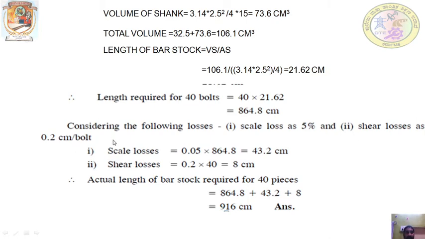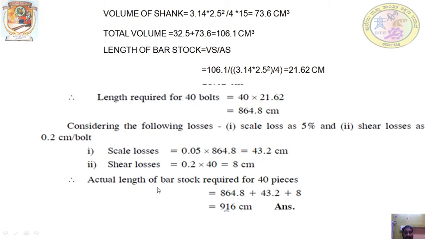For cutting, each shearing loss is for cutting the bolt, so we are considering 0.2 centimeter length loss in cutting. Per bolt we are losing 0.2 centimeter, and we have to cut 40 such bolts. So 40 into 0.2 is 8 centimeter. So the total shear loss will be 8 centimeter, and the scale loss will be 43.2 centimeter.